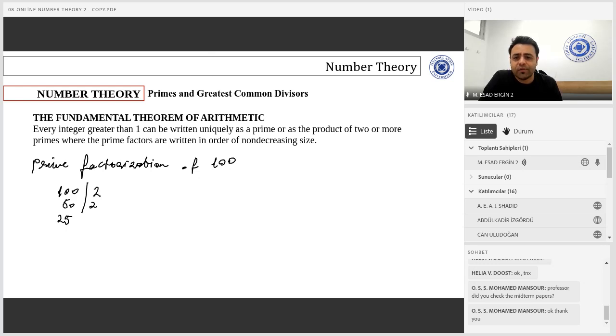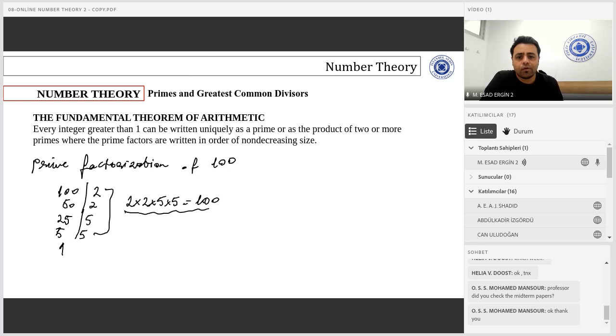And it cannot be divided by 3, which is the next prime number. Then we search for the next prime number, which is 5. So 5 can divide 25. So it will be 5, and another 5, it will be 1.